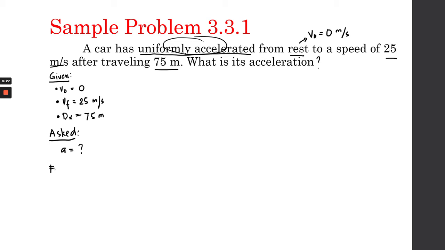So the formula that we are going to use here, we see that we have initial velocity, final velocity, and displacement. So from the equations that we have derived, the one we can use to solve for acceleration is 2a dx equals final velocity squared minus the initial velocity squared.